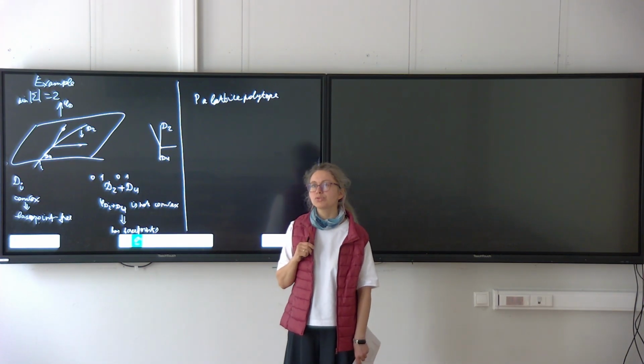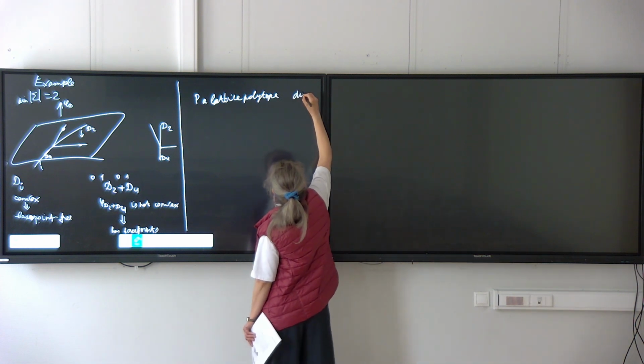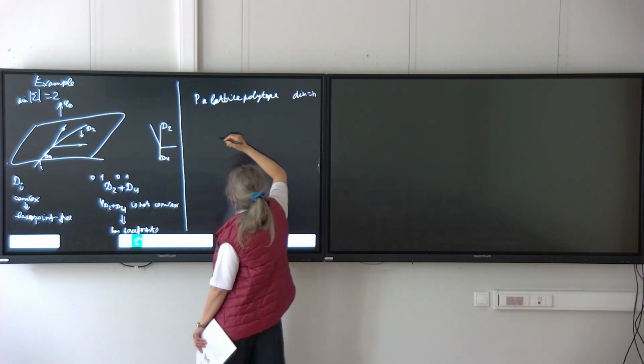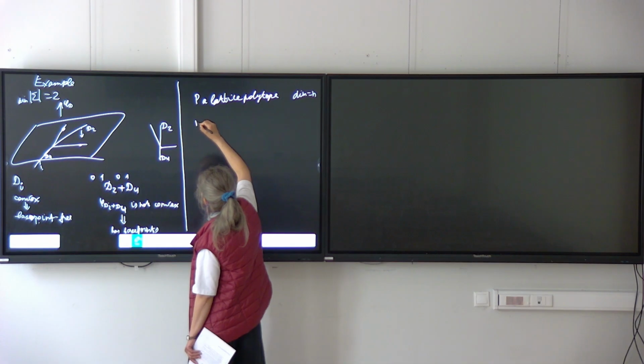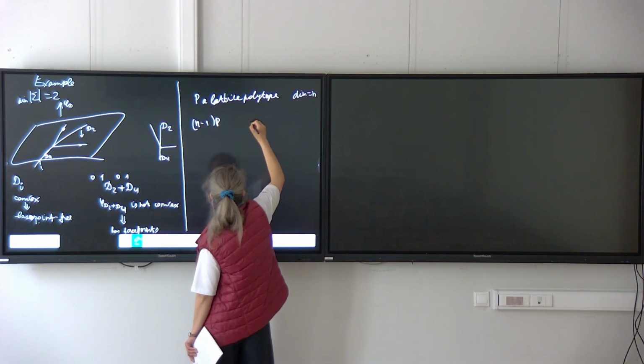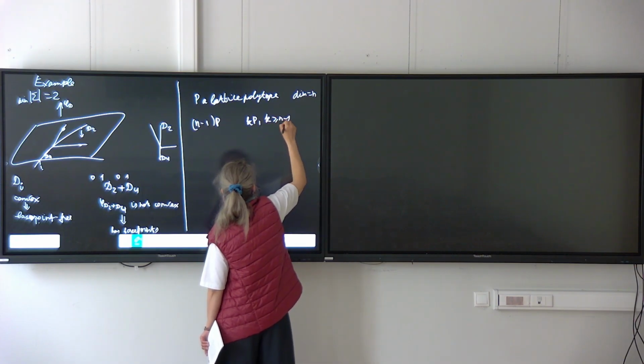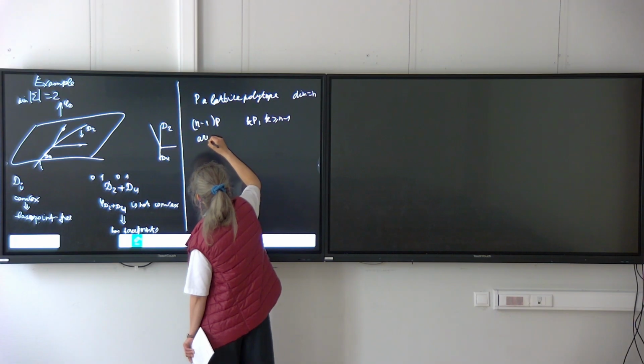We want to use without proof today that n minus 1 P and all kP, where k is at least n minus 1, are very ample.